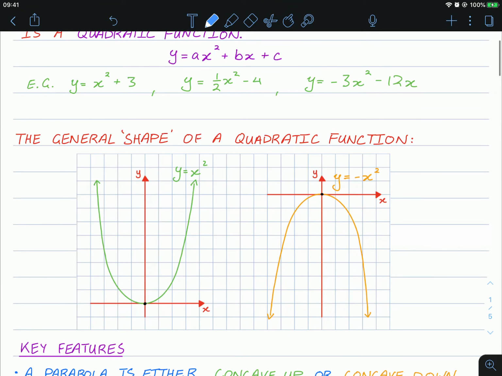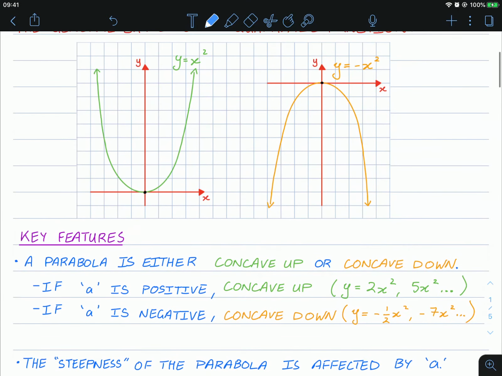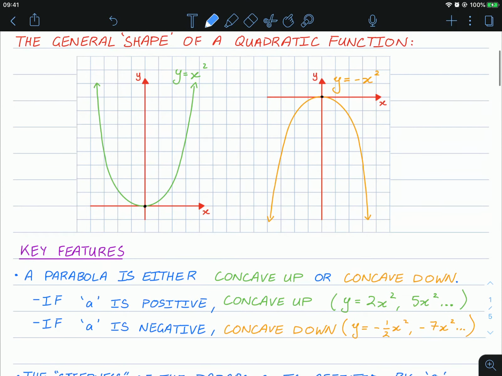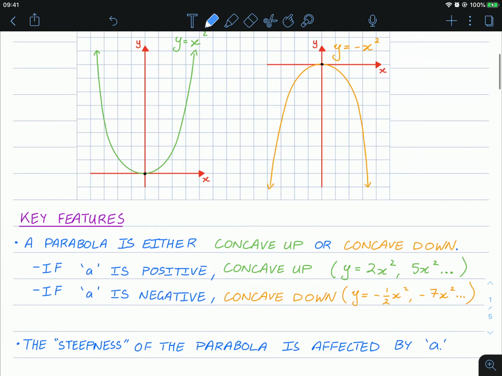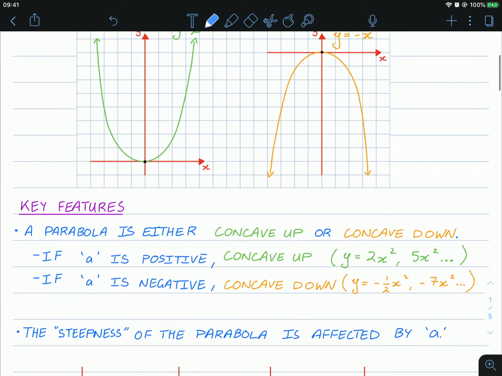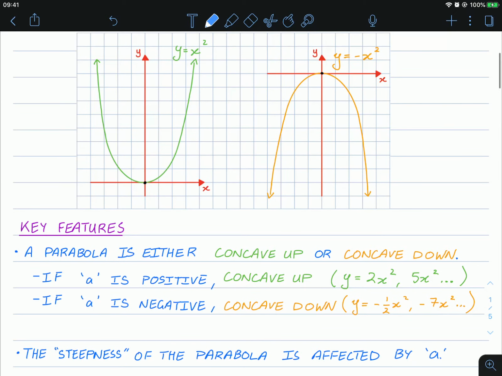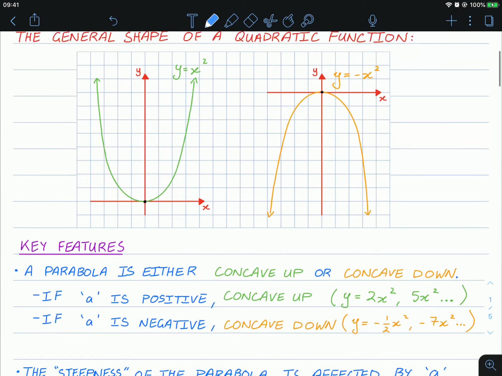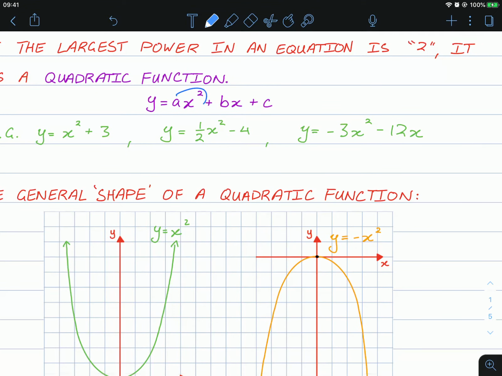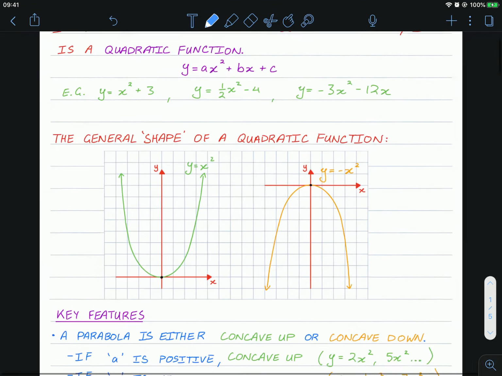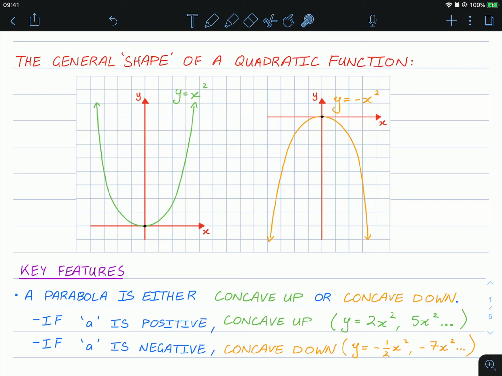The general shape of a quadratic function looks as follows. And here are the key features that we'll go through each one. A parabola is either concave up or concave down. If the value of a, so this one here, is positive, it is concave up.